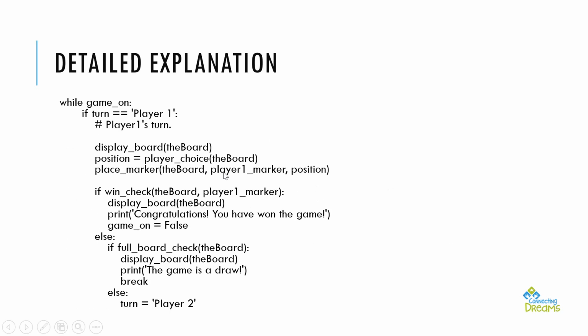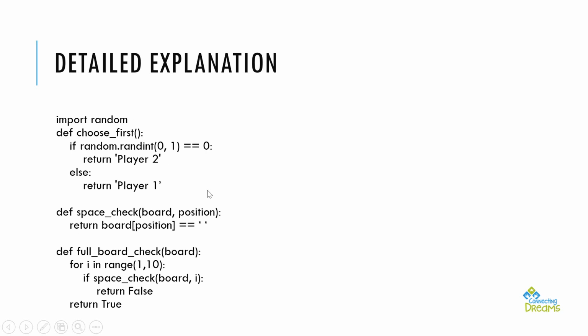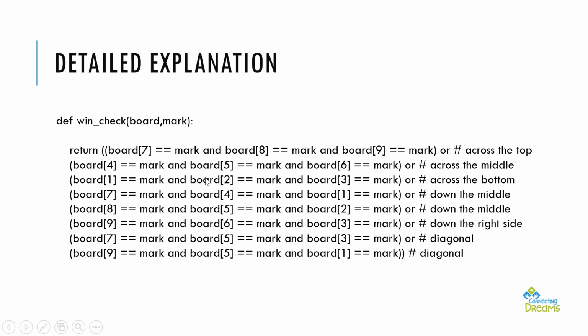Now once the respective marker has been placed in the accurate position as mentioned by the player, you call another function, win_check, with the board and player 1 marker. This function is defined here, and with its help we want to understand whether someone has won.